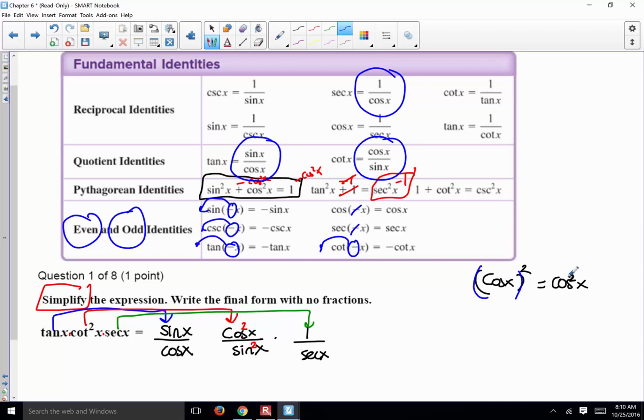So by tradition, we move the square to the top of the S to avoid parentheses. But why do I need a parenthesis? Can't we just skip parentheses and put the square like this? No, because this reads as cosine of x squared. Double x. No, that's not what I mean. This is wrong. We mean cos x times cos x, right?